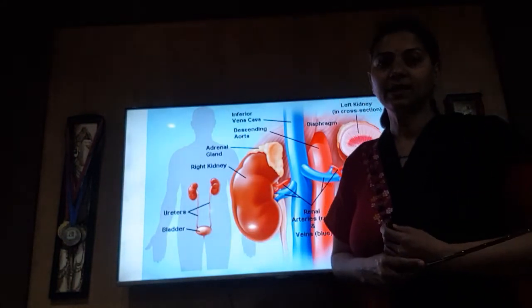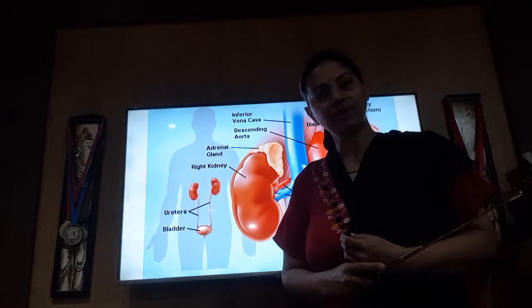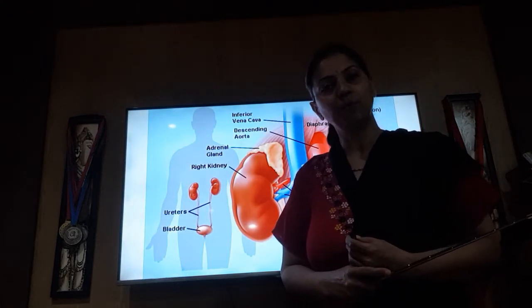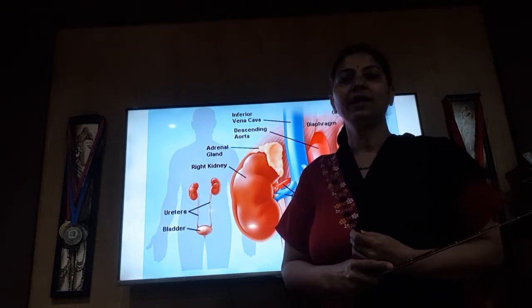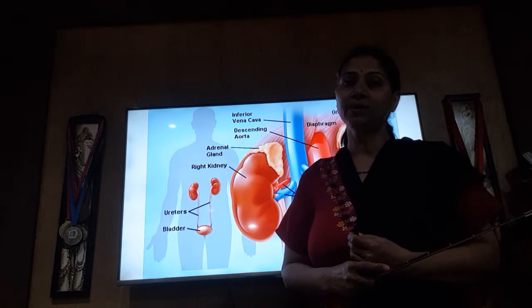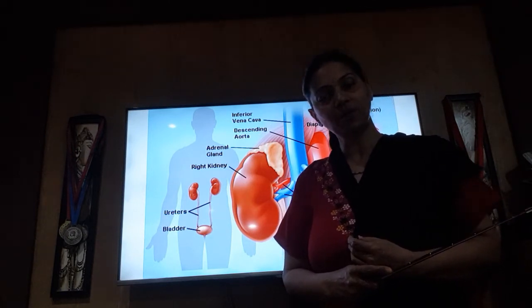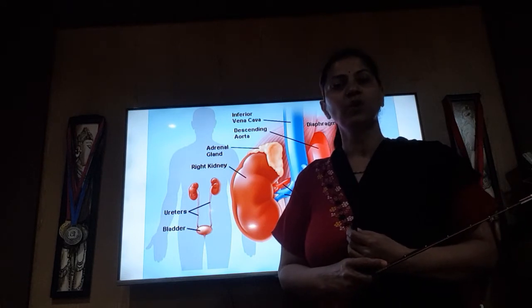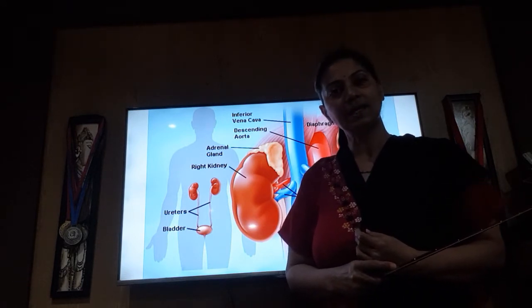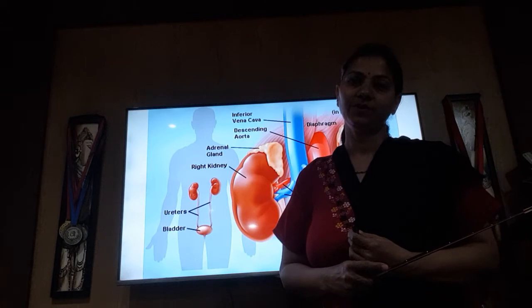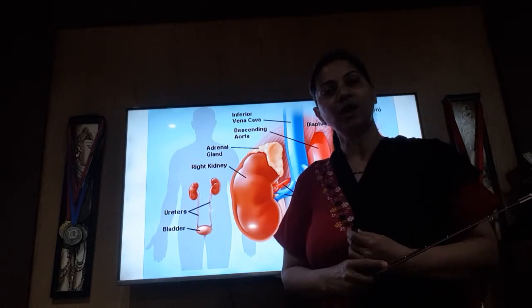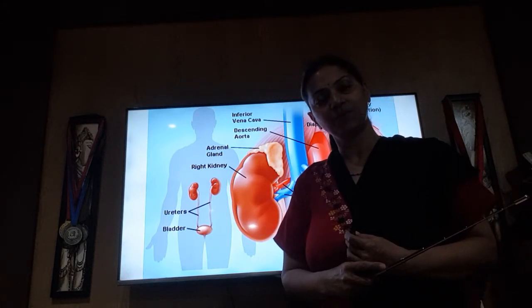So the kidney, up till now we have seen that kidney is bean shaped. It is having two poles, two borders, two surfaces, anterior and posterior surface. Clear?